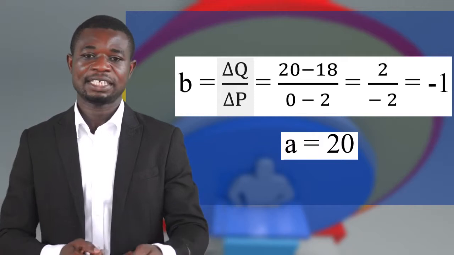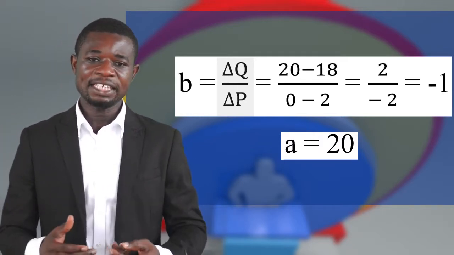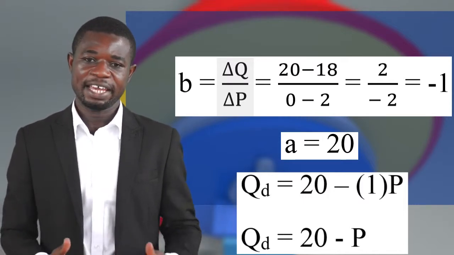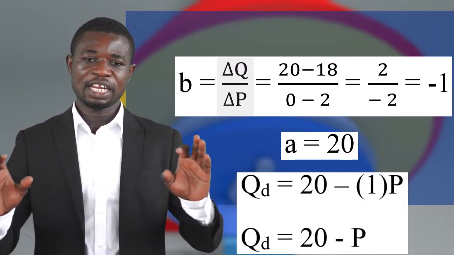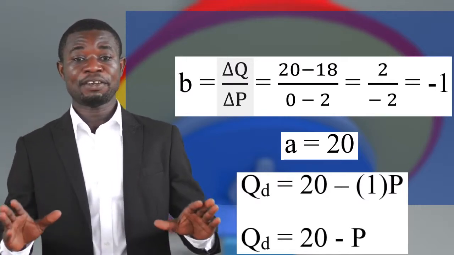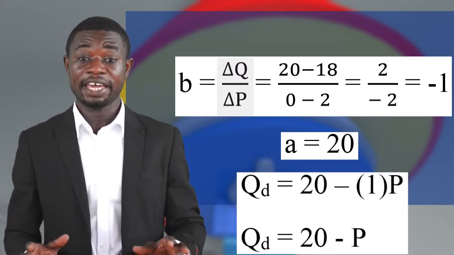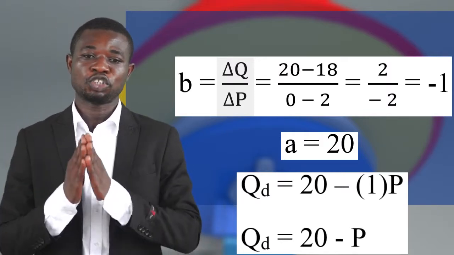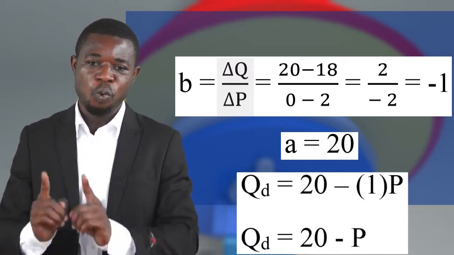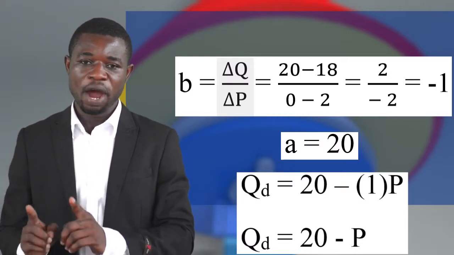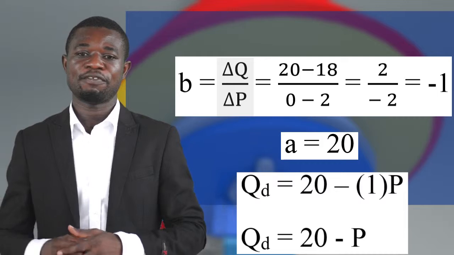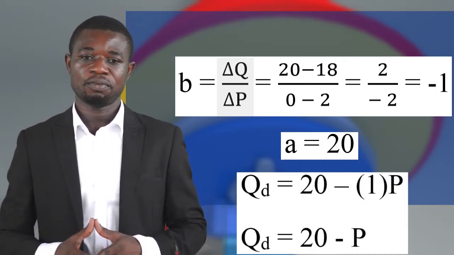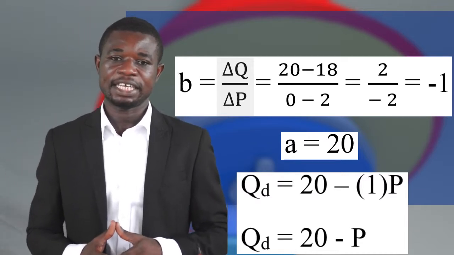Then we replace the B and the A with -1 and 20. So the original formula, which states the demand function to be QD equals A minus BP, now becomes QD equals 20 minus 1P. The -1 is the value of B. So we have now ascertained the demand equation.